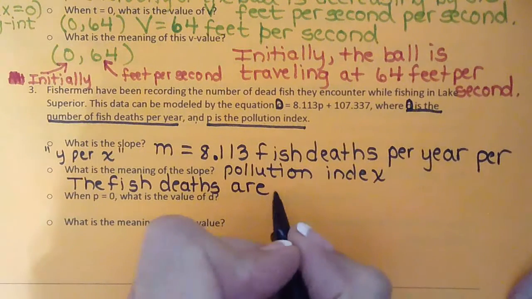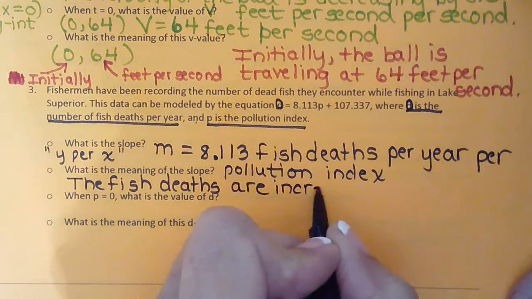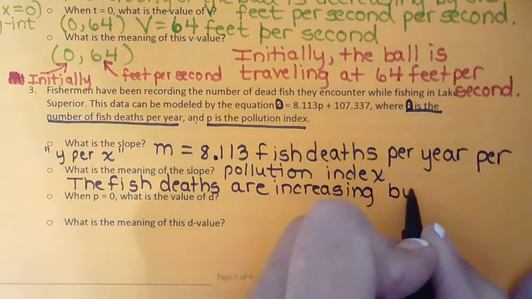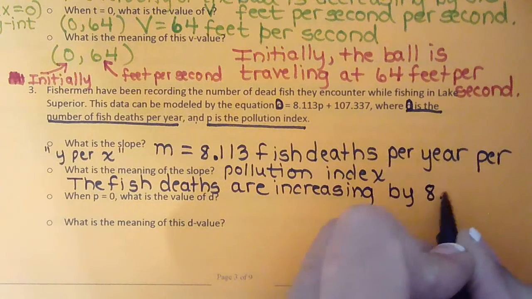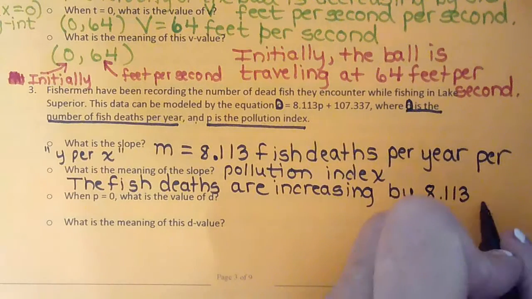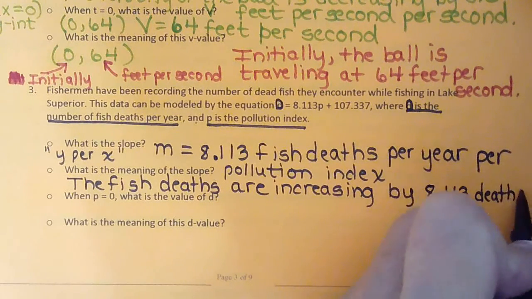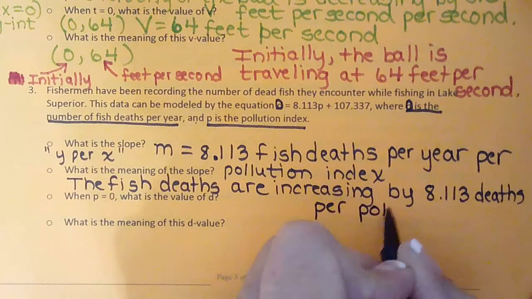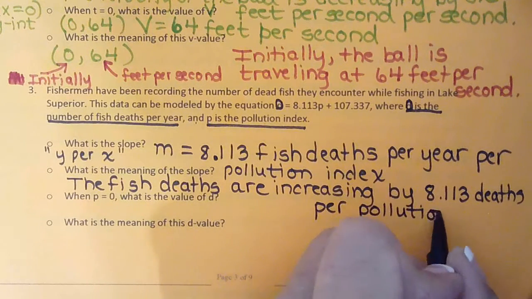The fish deaths are increasing by 8.113 deaths per pollution index.